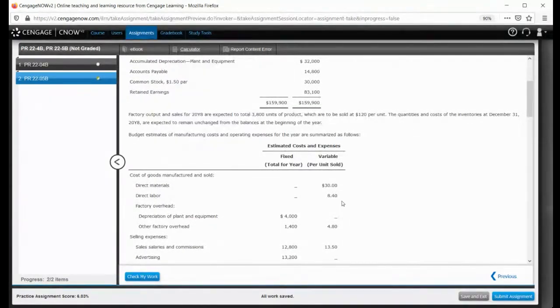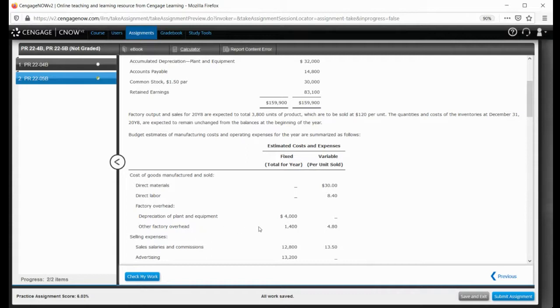Again, your direct labor is a variable cost. For your factory overhead, you have two separate accounts in this particular problem. One is depreciation of plant and equipment, and the other is factory overhead.